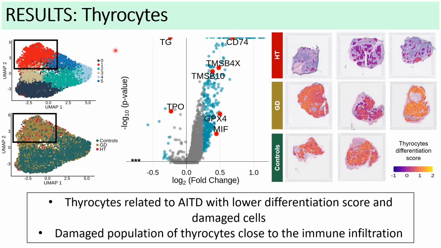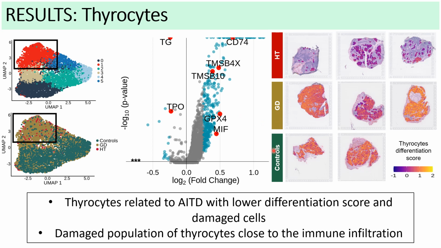Regarding thyrocytes, we observed a cluster with a remarkable presence of autoimmune thyroid disease spots. When we performed a differential expression analysis of this cluster against the others, we observed an elevation of damage-associated genes, antigen-presenting markers, and even more, a low thyrocyte differentiation score, or TDS, but these data were not shown.